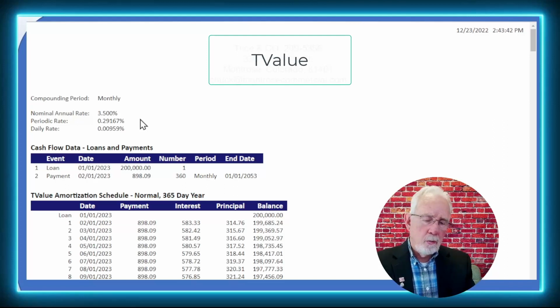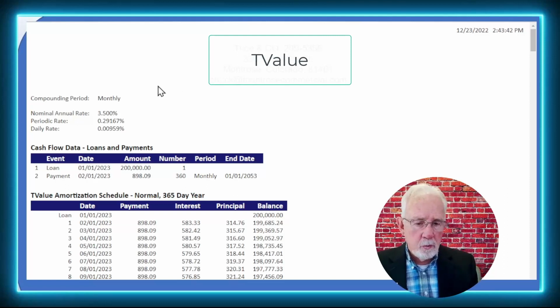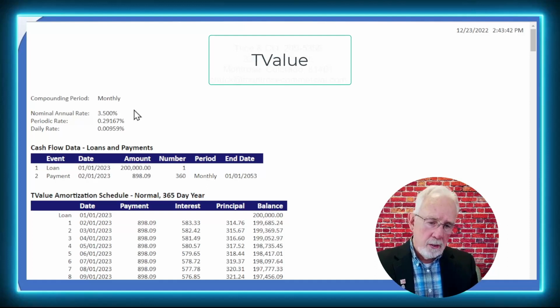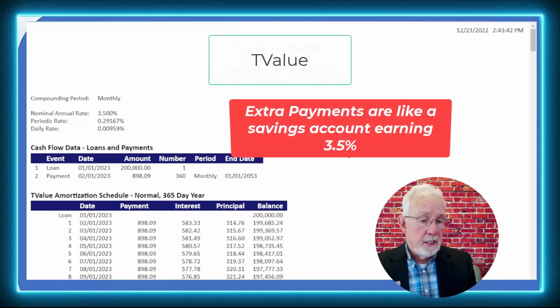That's why it's always been taught to us in the real estate business, if you can make extra payments, then you should. Like maybe instead of making 12 payments a year, you make 15 payments a year. In other words, you make your payment of principal and interest, and then you say, okay, here's another $200 that I want to drop the principal by. That way you'll pay it off quicker and easier.